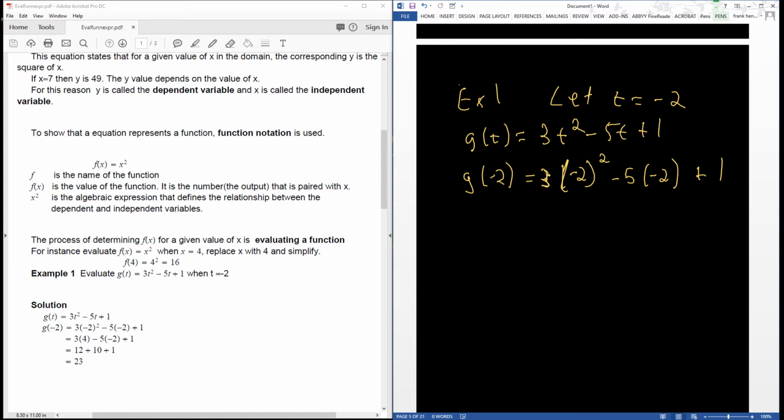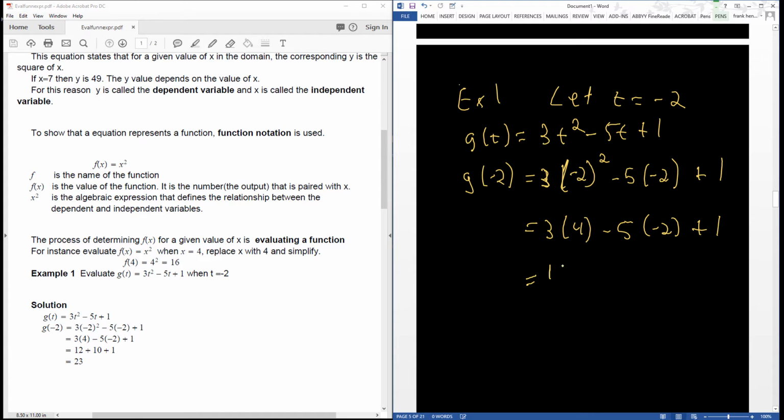So after I've done that, I want to go ahead and simplify it. You follow the order of operations. So I have exponents here. I'll take care of my exponent. -2 squared is 4. Next thing is taking care of multiplication and division from left to right.